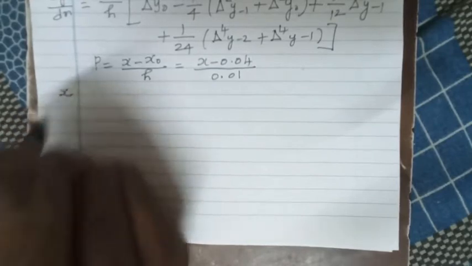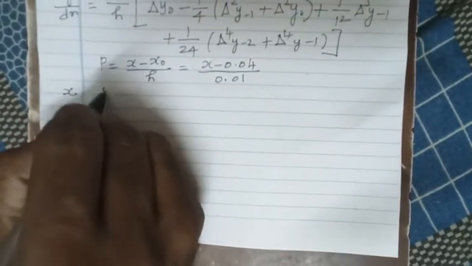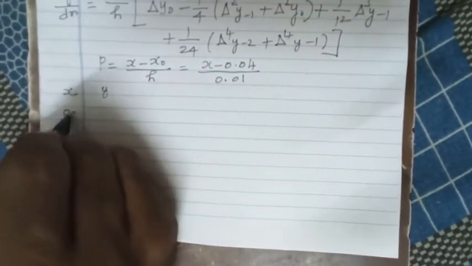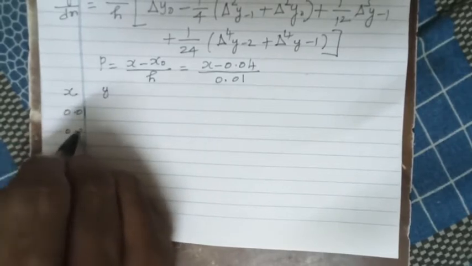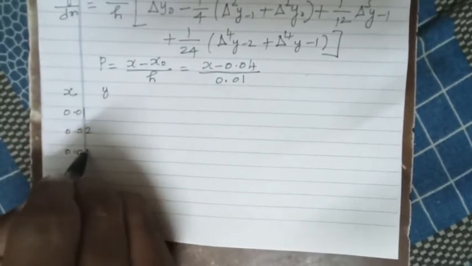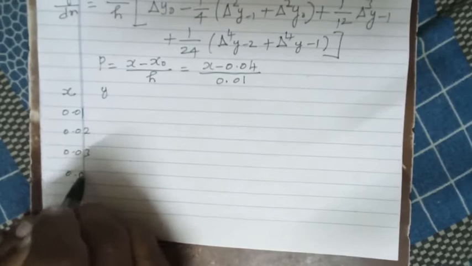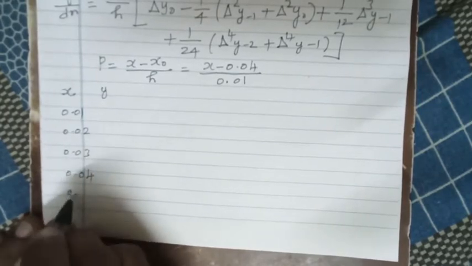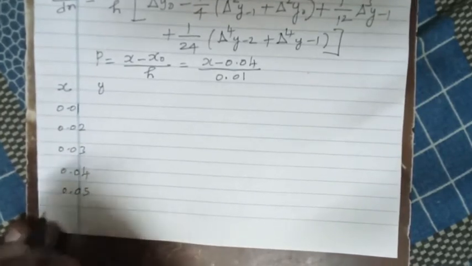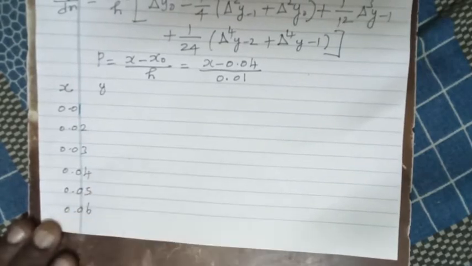X value and y, x given 0.01, 0.02, 0.03, 0.04, 0.05 and 0.06.